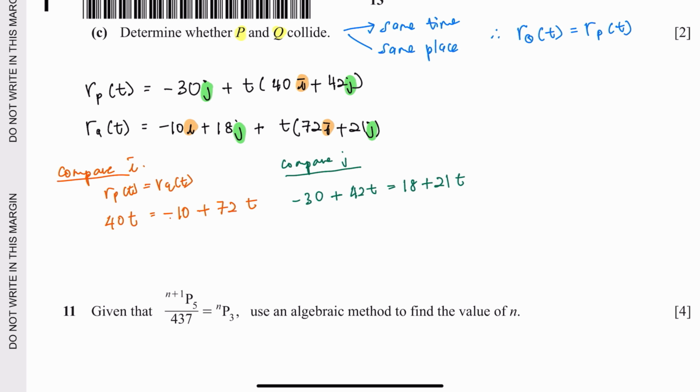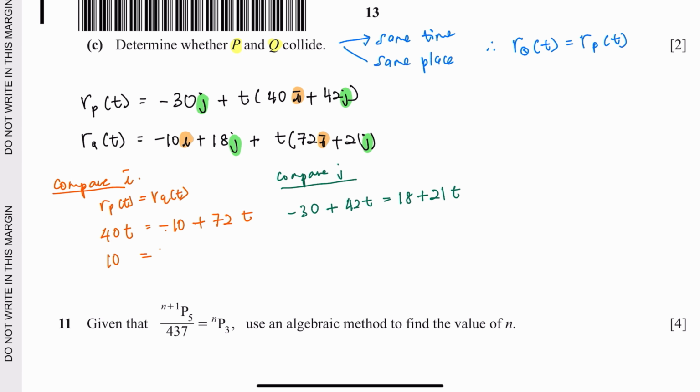Now let's solve this, and it's going to be 72t minus 40t, 32t, t is going to be equal to 32.